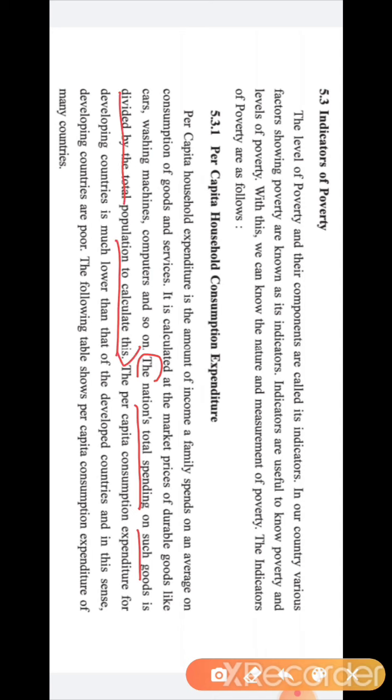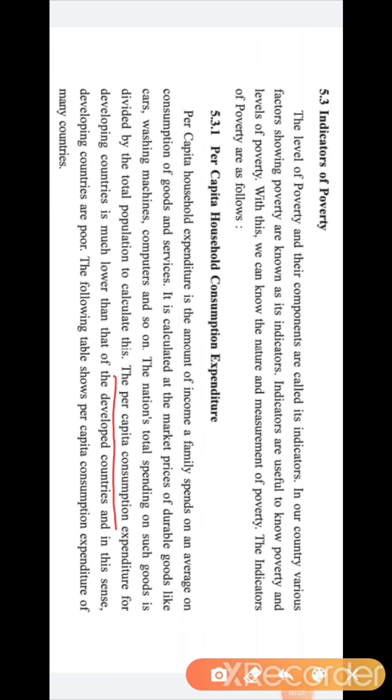To calculate the per capita household consumption expenditure, the total spending of the people of a country is divided by the total population. Then we get the per capita household consumption expenditure.